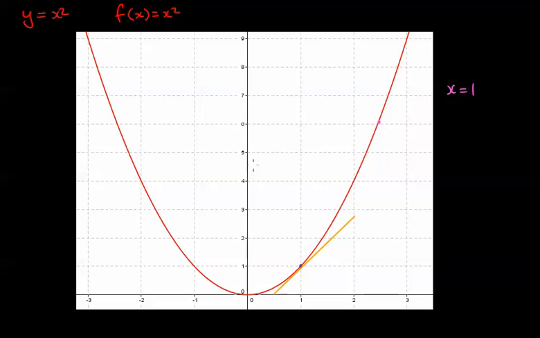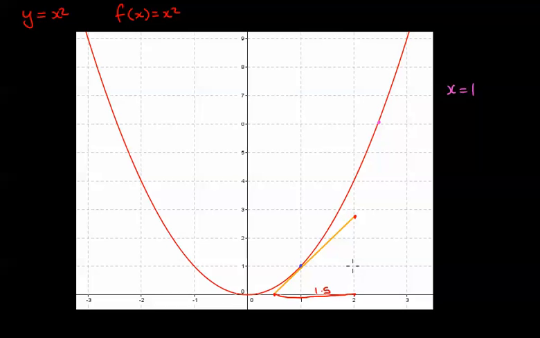Now let me try and work this out. So what number have we got here? That might be 0.5, and that's 2 there. So this is the gap of 1.5 across, just picking this endpoint and this endpoint of my line that I've just drawn. Now the vertical step, let's try and figure out what that would be.